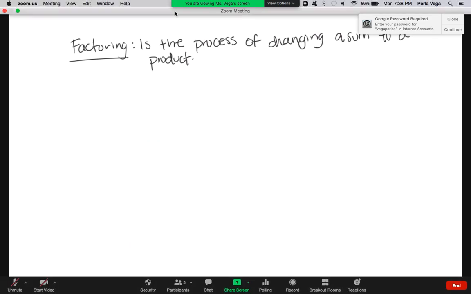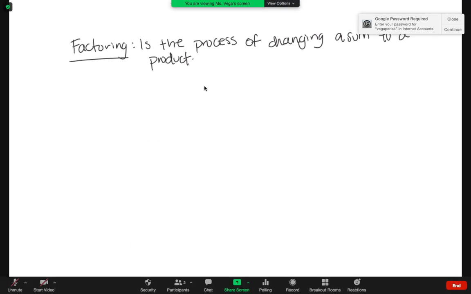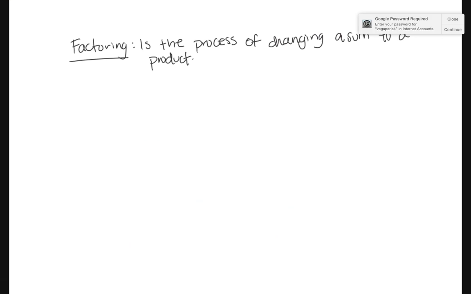All right, so now we are doing the second problem, and it reads x squared minus 49. Okay, so this expression is not written in standard form.